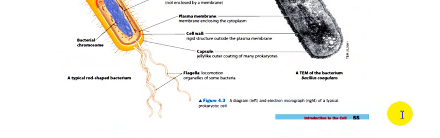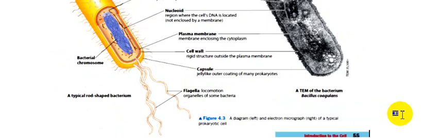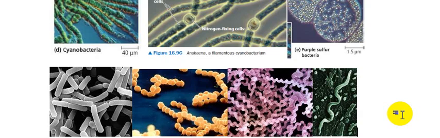Here also you can see different types of bacteria. This is cyanobacteria or blue-green algae. This is the purple sulfur bacteria, and this is filamentous cyanobacteria.